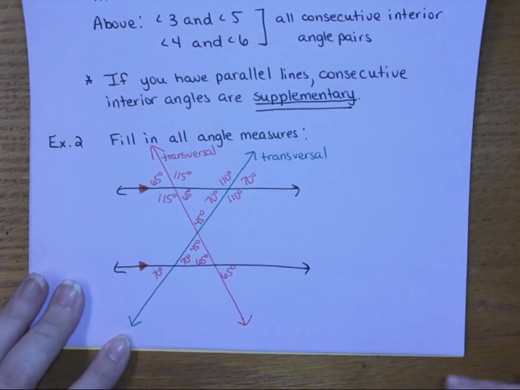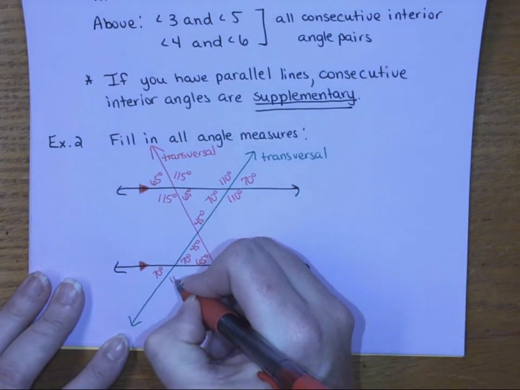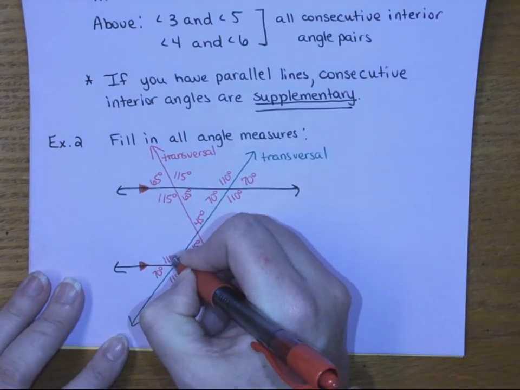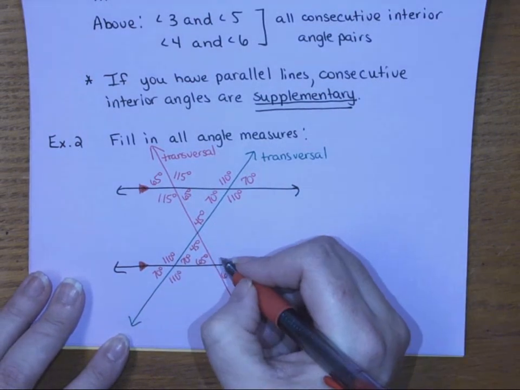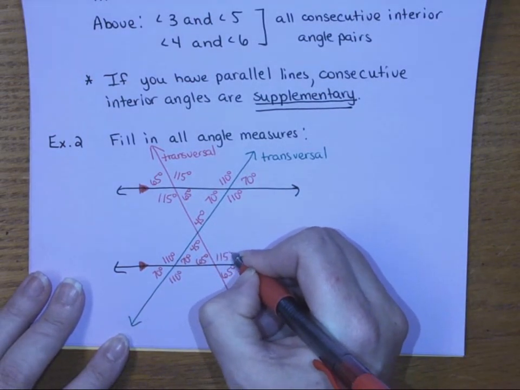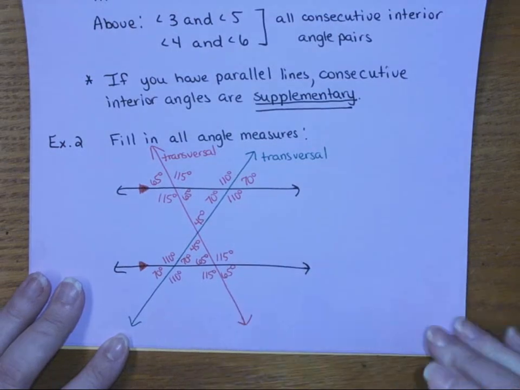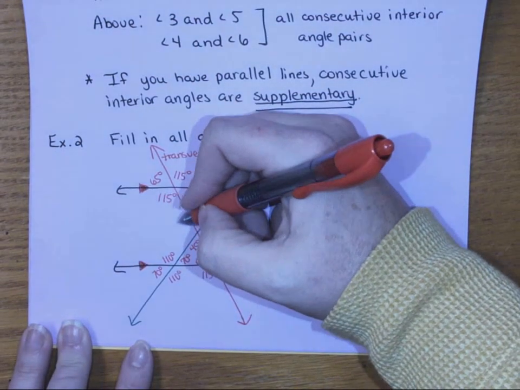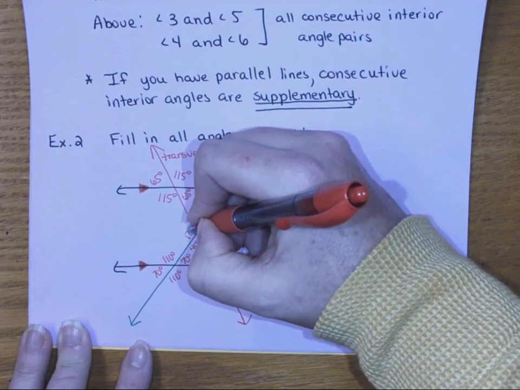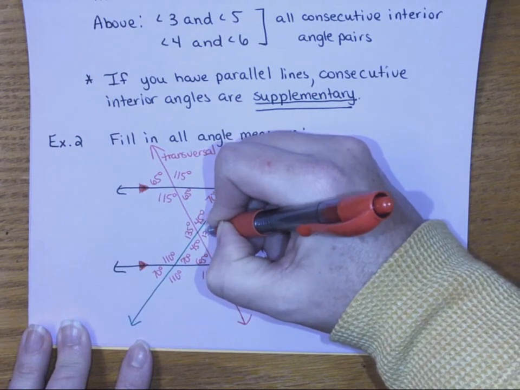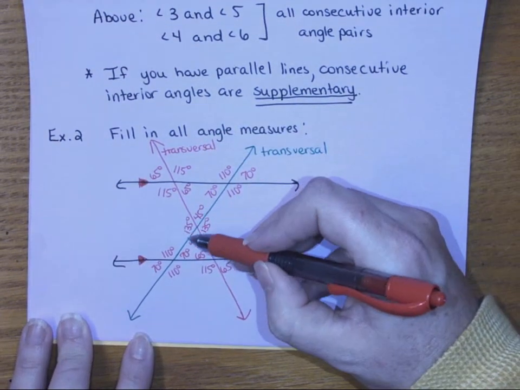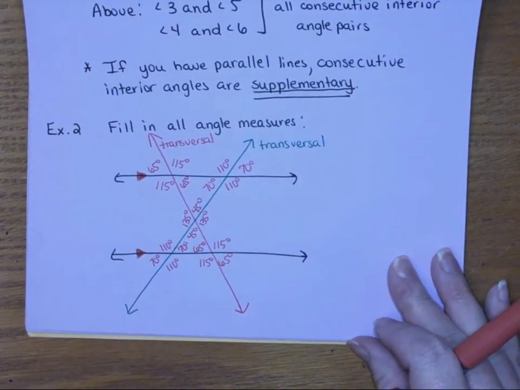And then we're almost done, right? Here we'll get 110. Here we'll get 110. Here we'll get 115 and 115. And then lastly, I guess I could have done this one too. This would be 135, and so would this, because these have to add up to 180 as well.